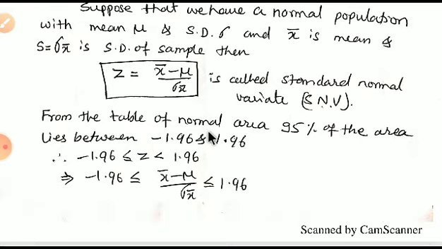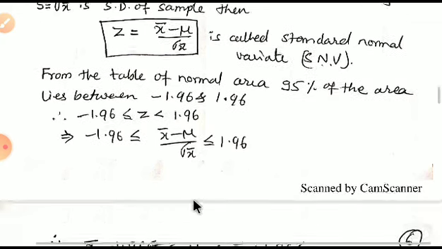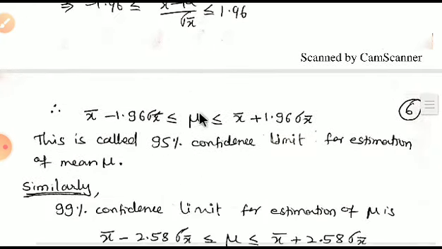From the table of normal area, as I have explained, for 95% level of significance, the z value lies between minus 1.96 and 1.96. Z is x bar minus mu upon sigma. From that, mu lies between x bar minus 1.96 sigma and x bar plus 1.96 sigma.